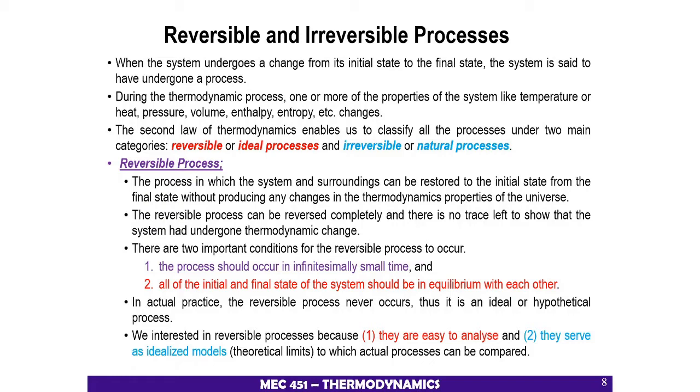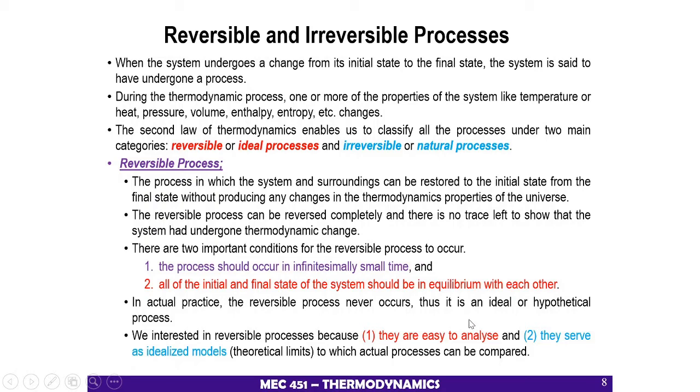So we're interested in reversible processes because number one, they are very easy to analyze, and number two, they serve as idealized models, which give us a limit. We call it a theoretical limit to which actual processes can be compared.